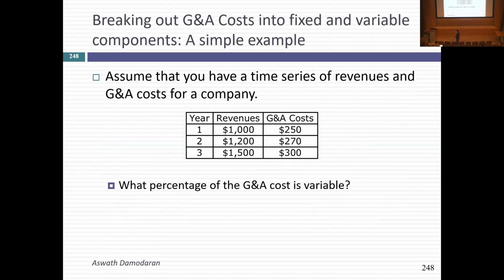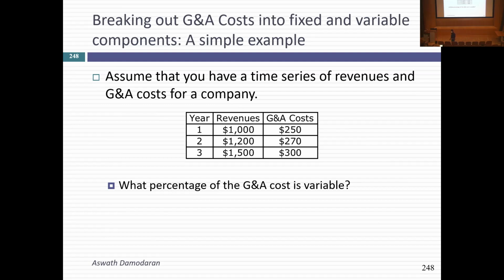I'll leave you with an example and I'd like you to think about these numbers and tell me at the start of the next class whether you can use these historical numbers. So this is a company, I've given you the last 3 years of G&A costs, $1 billion in revenues, 250 million. So I've given you the revenues and G&A costs.